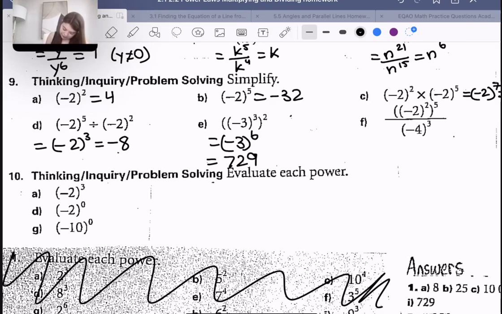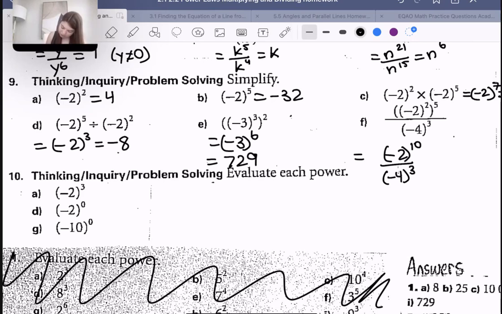All right, and then this one here, we have -2 to the power of 10. And then on the bottom, the thing is, -4 is not the same. Sometimes it's possible to switch bases, but in this case, -4 is just not the same.